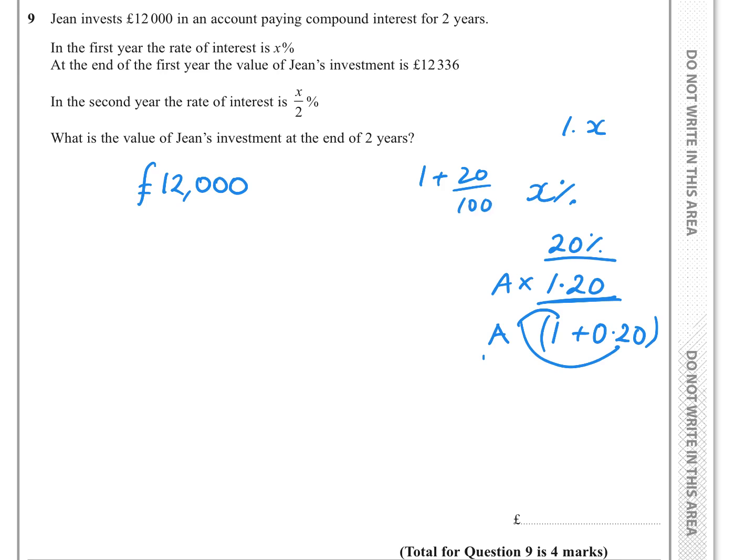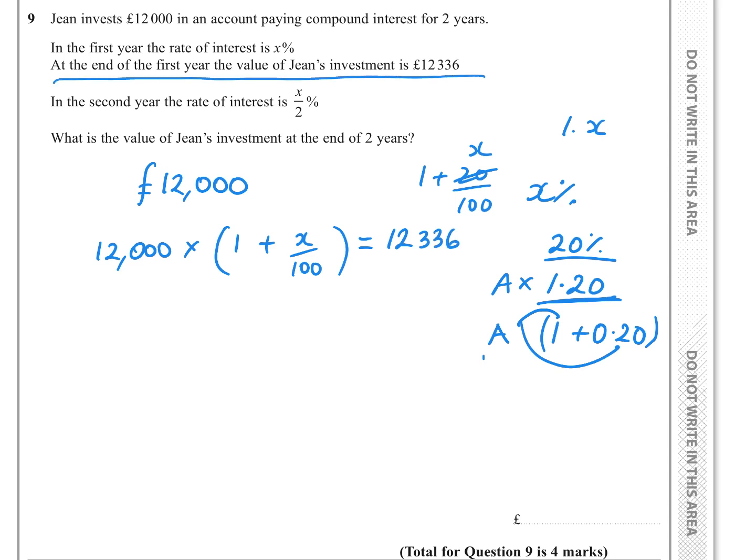Because on your calculator, if you do 20 hundredths, you'll get 0.2 or 0.20. Now, that means that you can just replace this with x. So what you'd have is 12,000 times, and then put this in a bracket, 1 plus x over 100, and that would be equal to 12,336, which is the end of the first year.